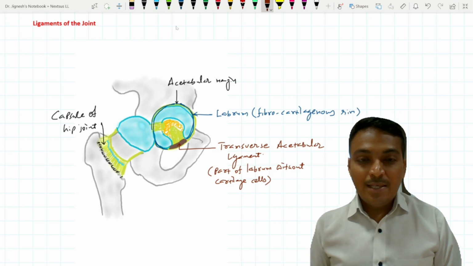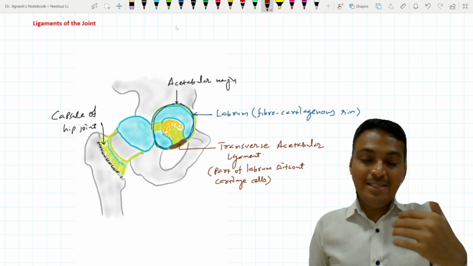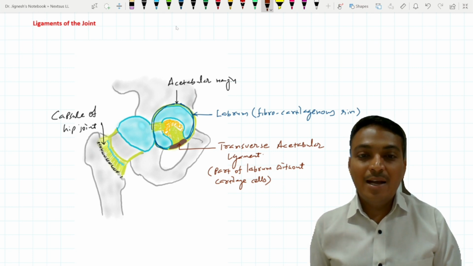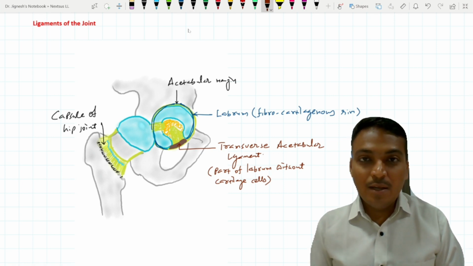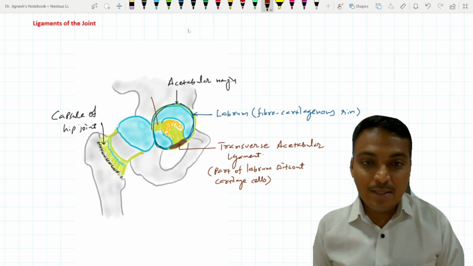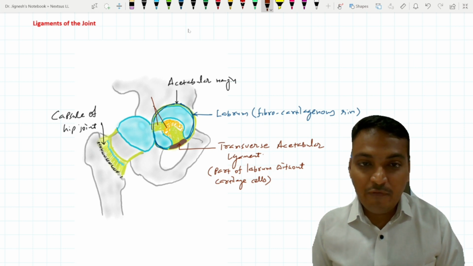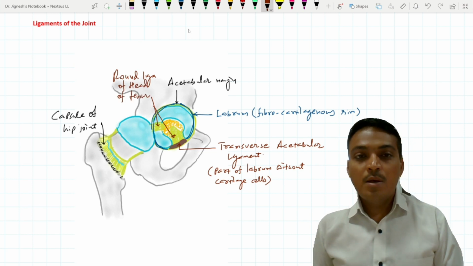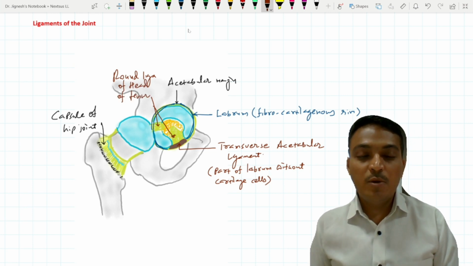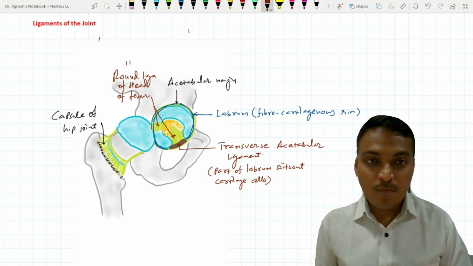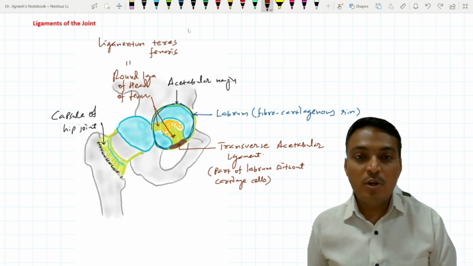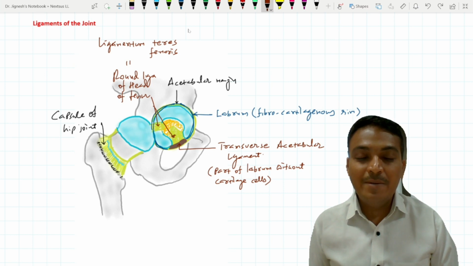Now after that, let's see one more ligament which is situated inside the joint cavity, and that ligament in this figure is greenish in color. This ligament is the round ligament of the head of the femur, also called the ligamentum teres femoris.